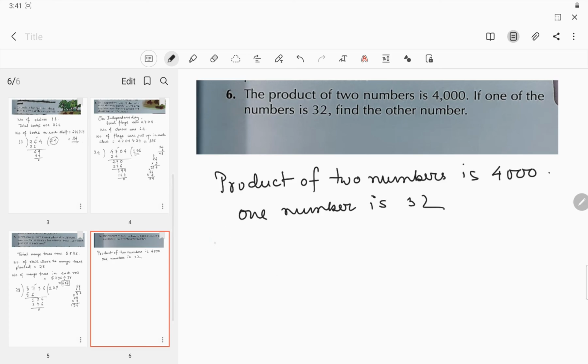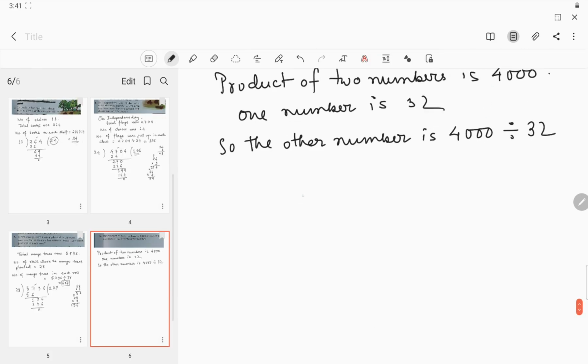So to find the other number, the other number is 4000 divided by 32. So if you divide 4000 by 32, you will get the answer.